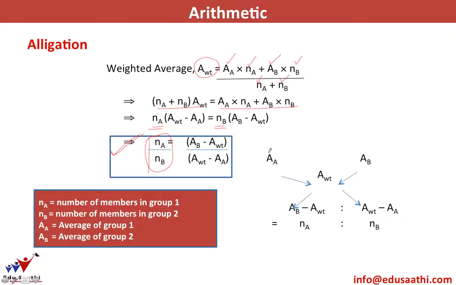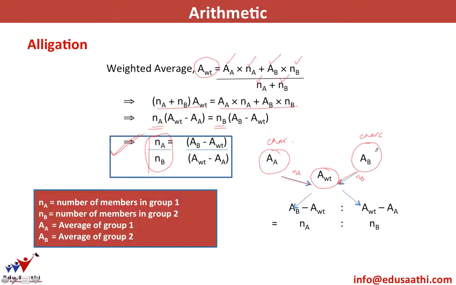So what we generally do is we write down the cheaper one on the left hand side and the dearer one on the right hand side. This represents the characteristic, which could be your concentration or price. These arrows represent that these two things are getting mixed. Their quantities are Na and Nb, and when I'm mixing them, I'm getting some average, which is Aw.